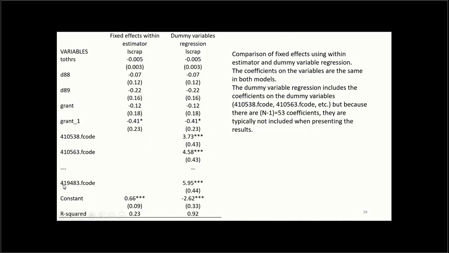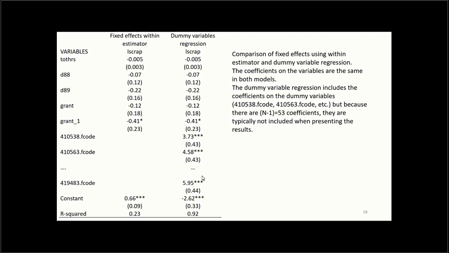And this is the firm code, basically the dummy variable for the last firm in the sample. Because we have 54 firms, we would actually have 53 coefficients estimated. Now, I include only 3 of them, but typically we don't include them because there are just too many. And that's why they're typically not included when presenting the results.